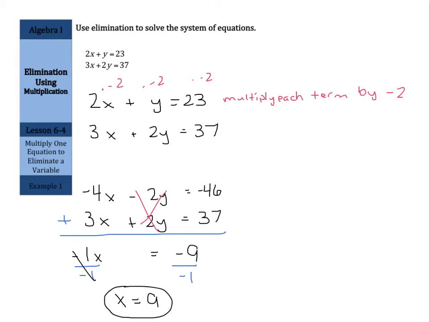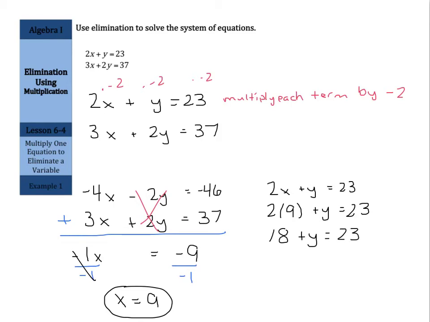Now we need to pick one of the two equations to put in x equals 9 so we can solve for y. And I'm going to pick the first equation, 2x plus y equals 23. We'll substitute that 9 back in. 2 times 9 plus y equals 23. 2 times 9 is 18 plus y equals 23.